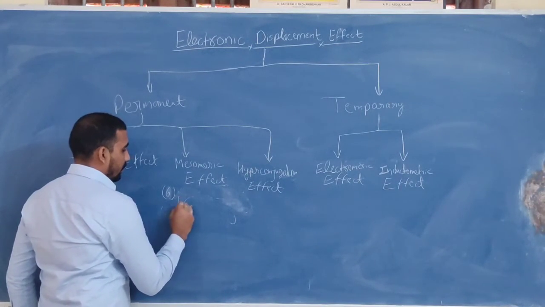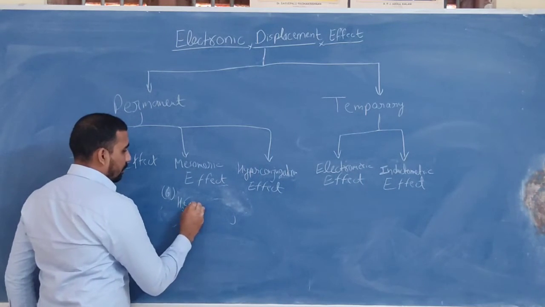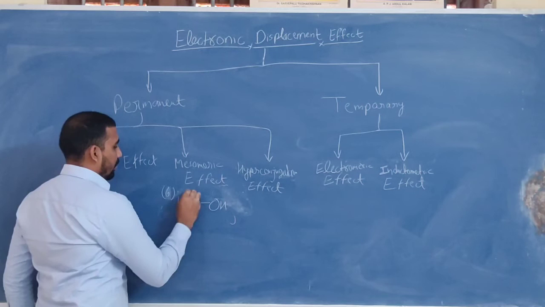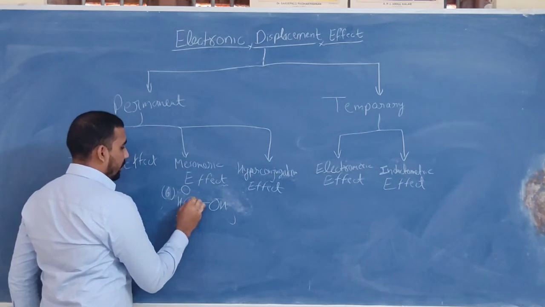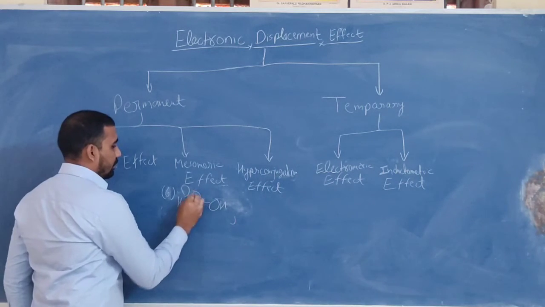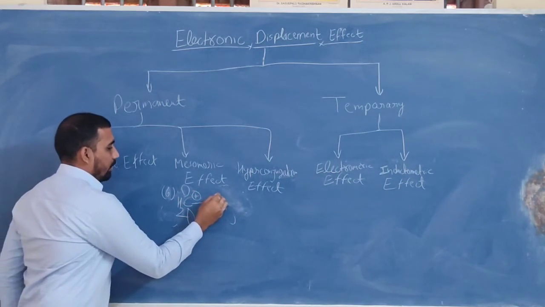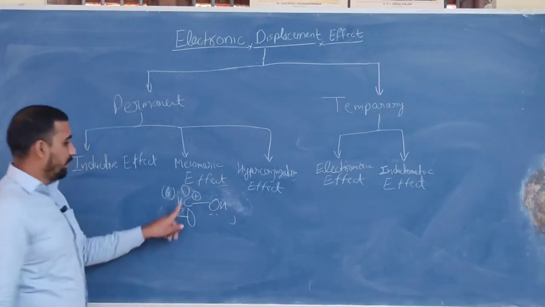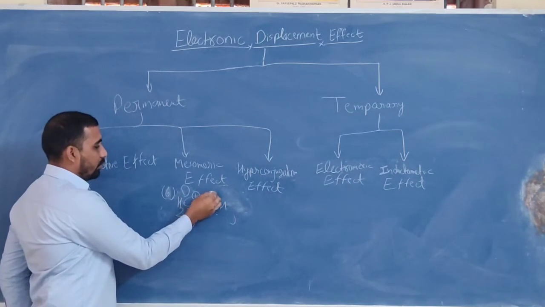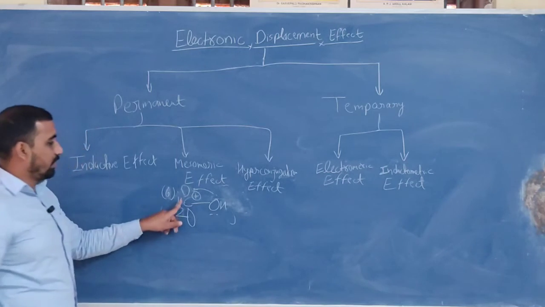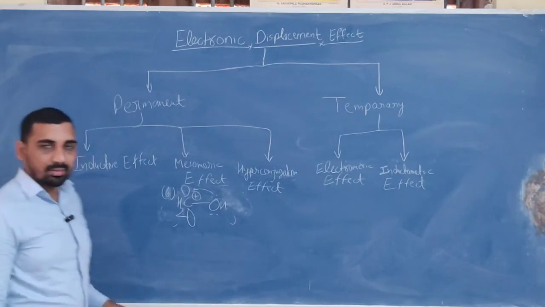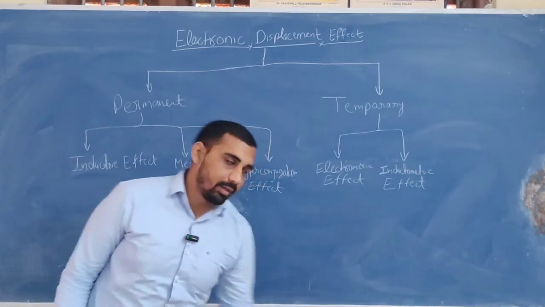Let's say we have a carbocation here, a vacant orbital, a positively charged species. Now we have a lone pair here and a vacant p orbital. In this case also, this lone pair can go into this p orbital to stabilize this electron deficient species. These are the 6 cases in the mesomeric effect.